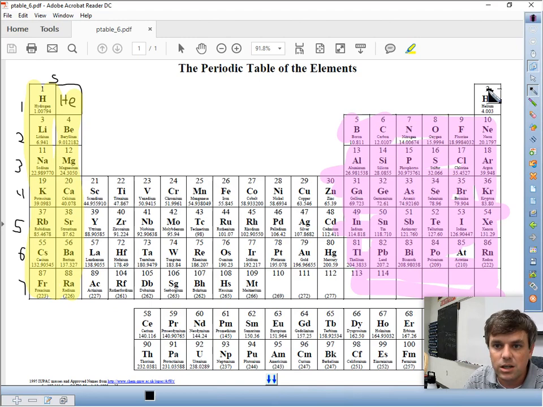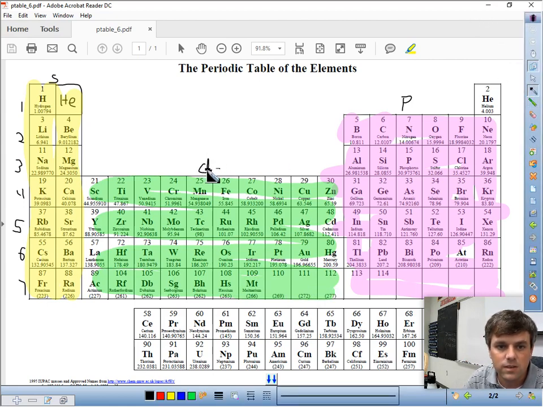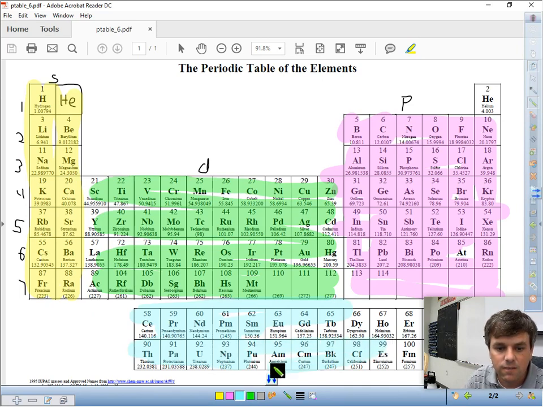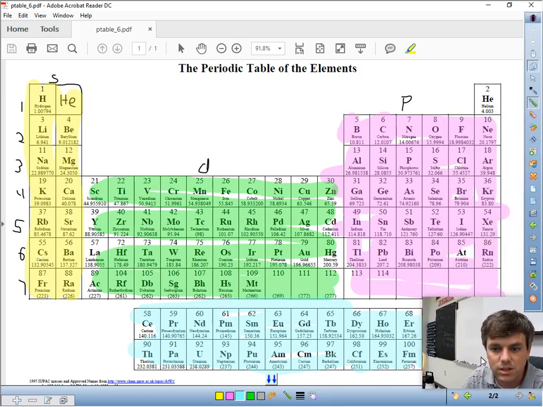That's going to be the P's. Then we've got this region here in the middle. These are going to be the D's. And then, of course, that leaves the bottom. These are the F's. And there's more back here. You just can't see them right now.